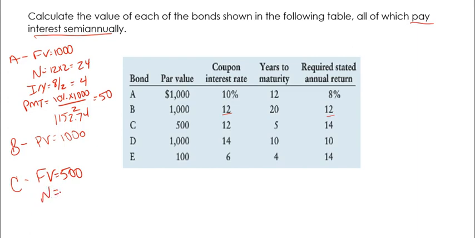N is equal to 5 years times 2 periods. That gives us 10 payments. Our required return is 14% divided by 2, so that's 7. And we need to calculate our payments. Let's see, that's 12% times 500 divided by 2. So it should be $30.